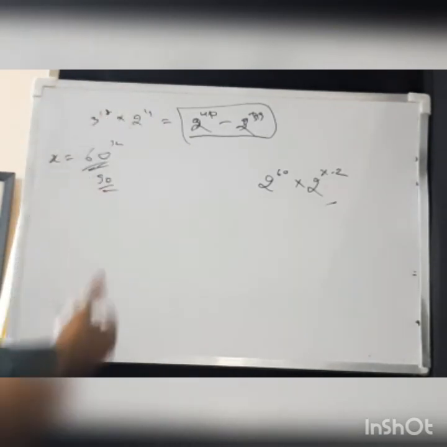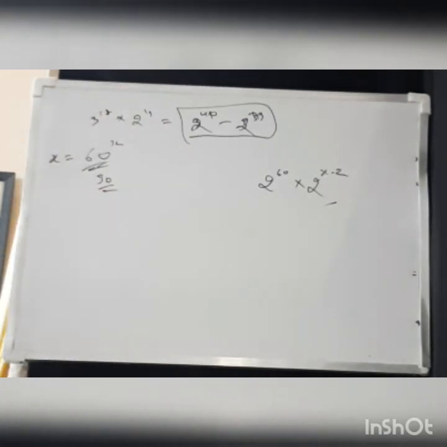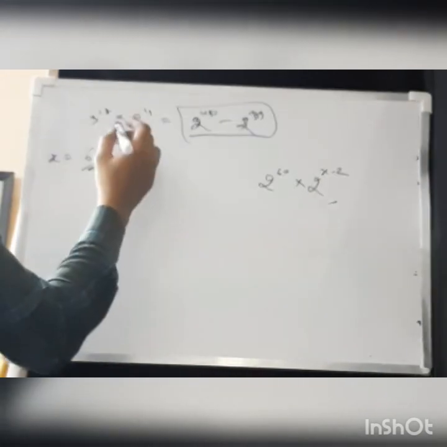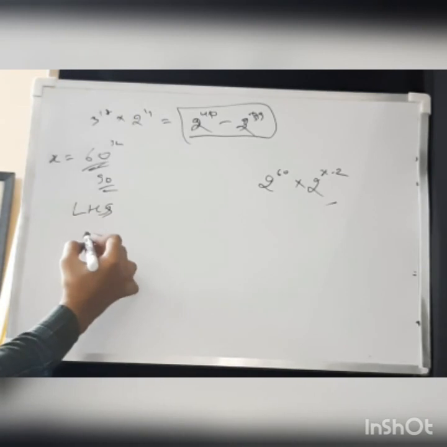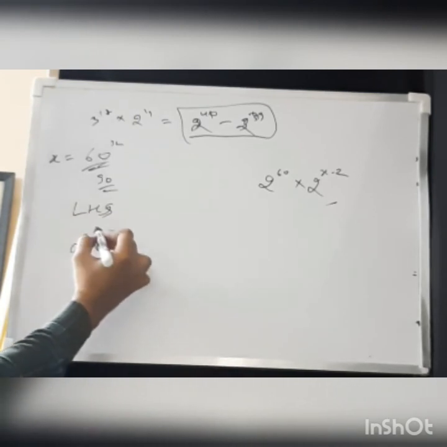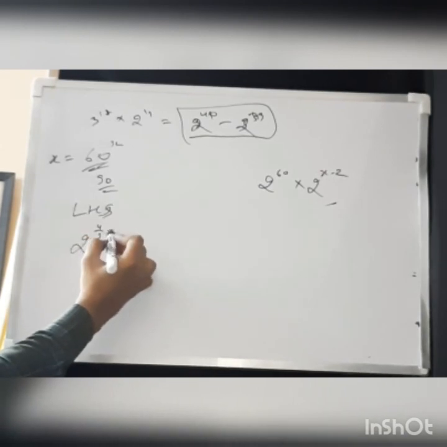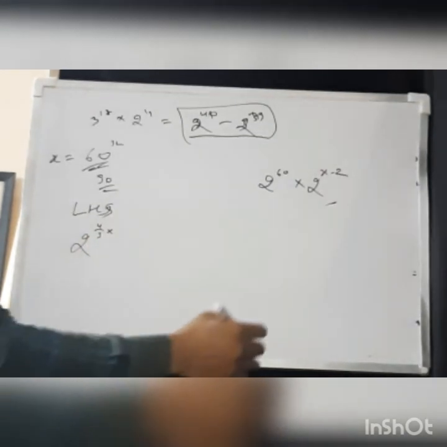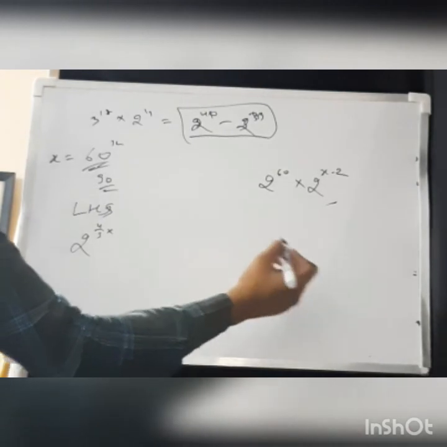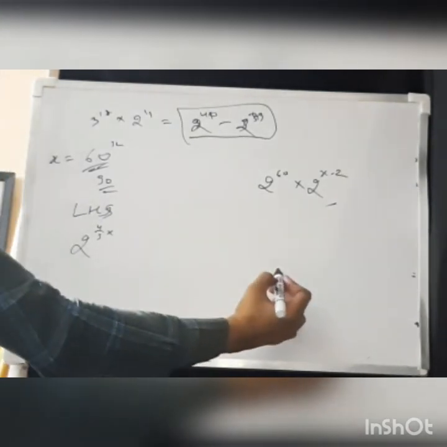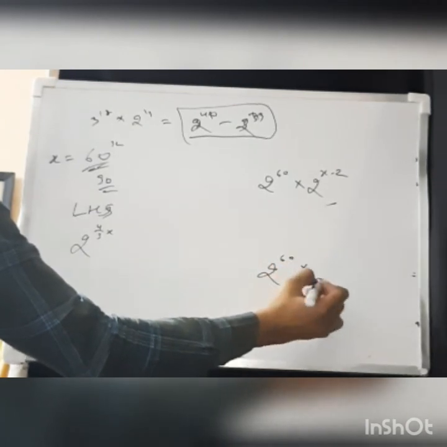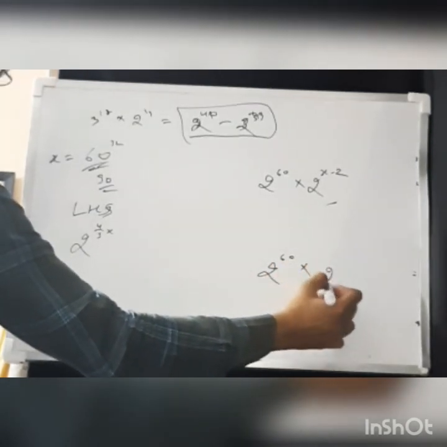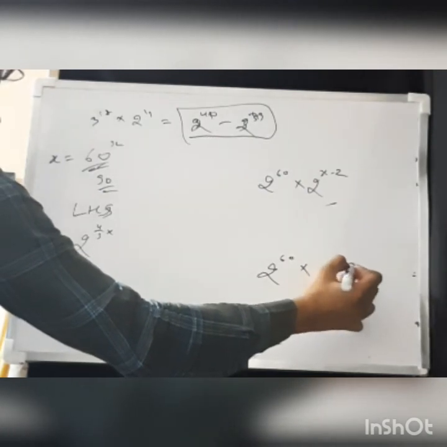This is always going to be true, that the maximum that the left hand side can reach is 2 to the power 4 by 3 into x, and the minimum that the right hand side can go to is 2 to the power 60 multiplied by 2 to the power x minus 2.